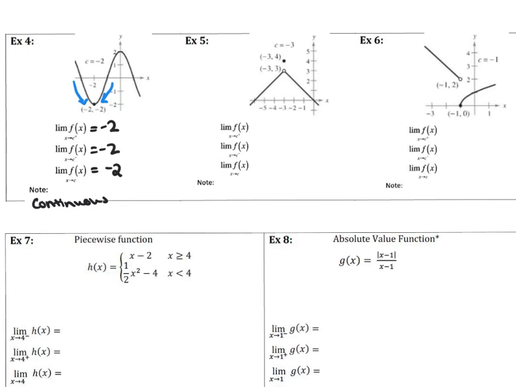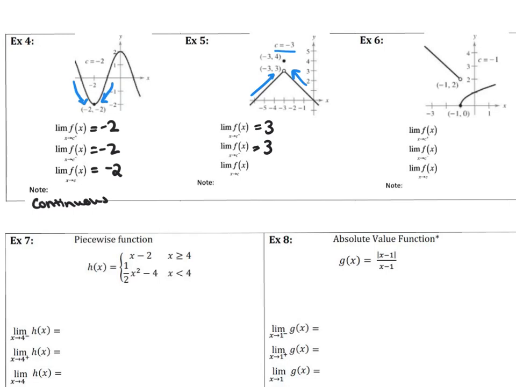All right, for the next example, we want to approach c as -3 from the right, and we see that the y values are approaching 3. Then we look at the limit as x approaches c from the left, and our y values are approaching 3.